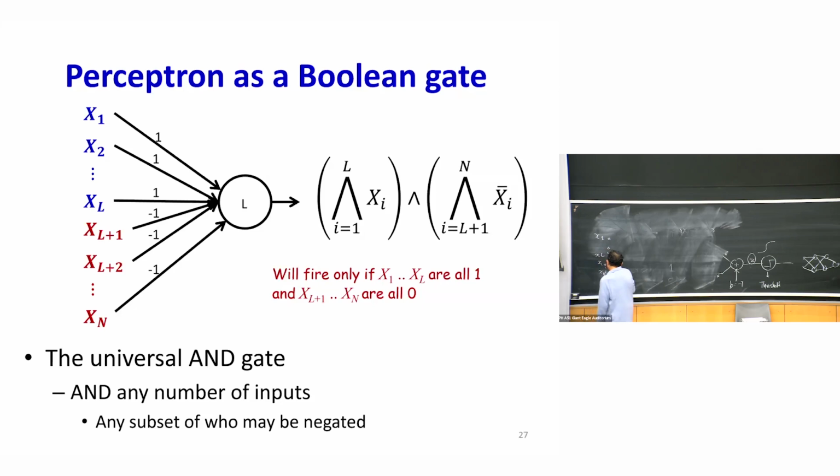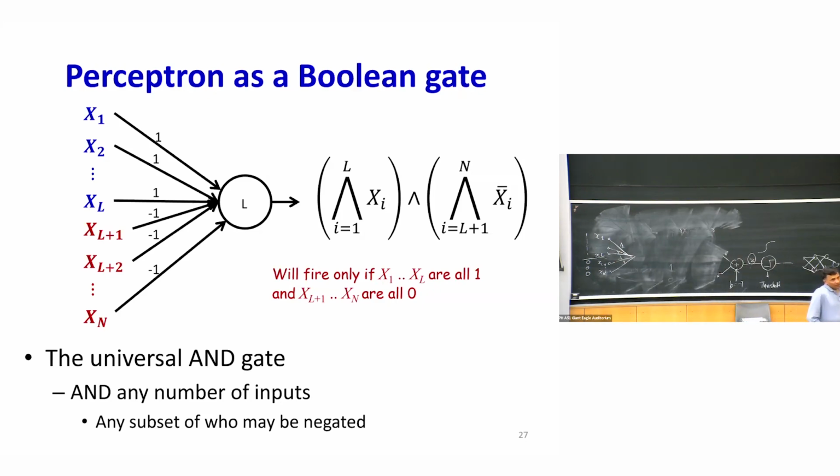Now, I'm going to assign a weight of 1 to all of these and a weight of -1 to all of these, right? Now, consider what happens when the first L are all 1 and the remaining are all 0. What is the total input that comes in?